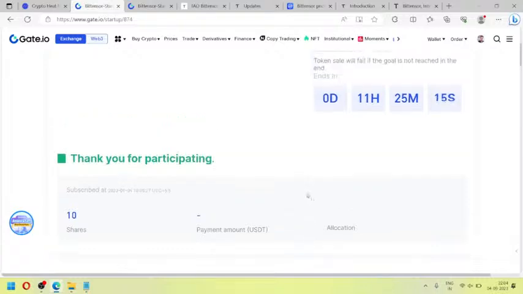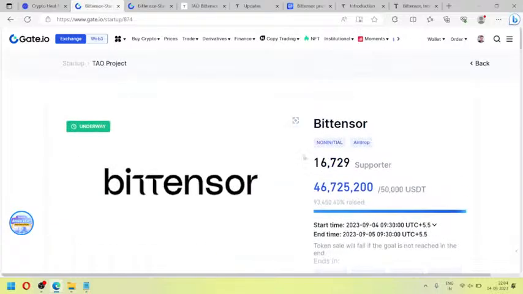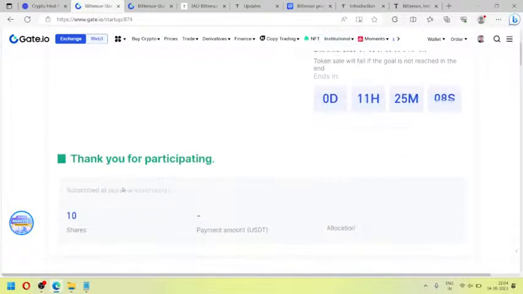If you have a VIP level in Gate.io, for example my account is VIP 1, I get 10 shares. If you are VIP 0, you can also participate, but only lucky members will get the airdrop for VIP 0.